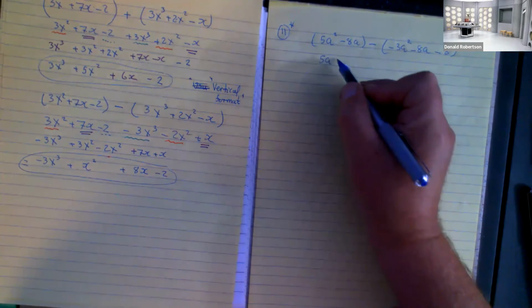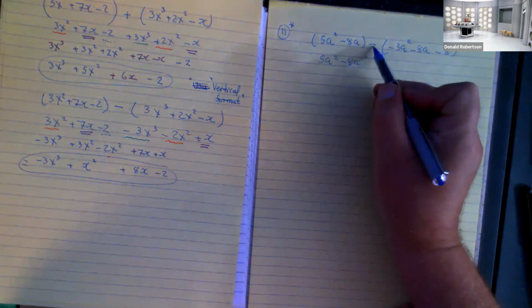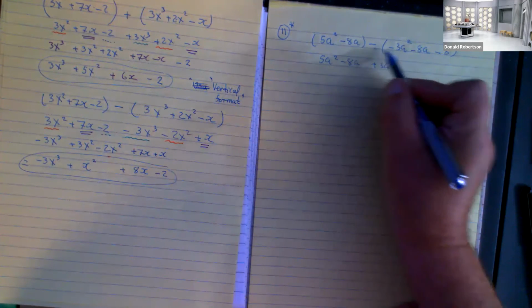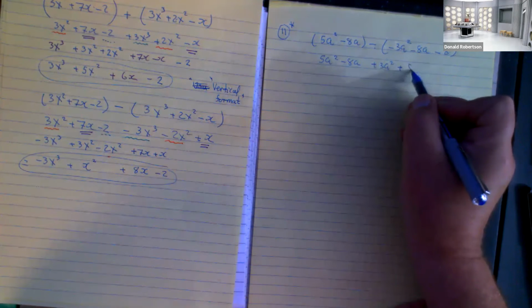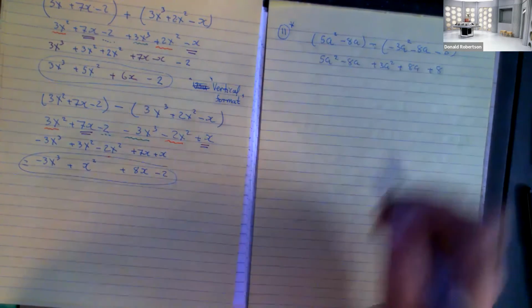Nothing happening to the beginning of that, so this gets left alone. Subtracting a negative is adding 3a squared. Distribute that into that and you get a plus 8a, and that into that you get a plus 8.